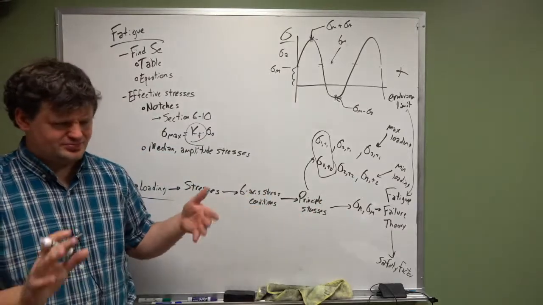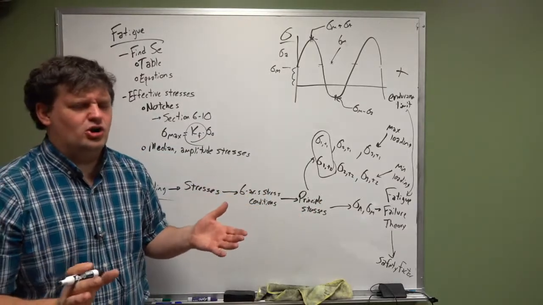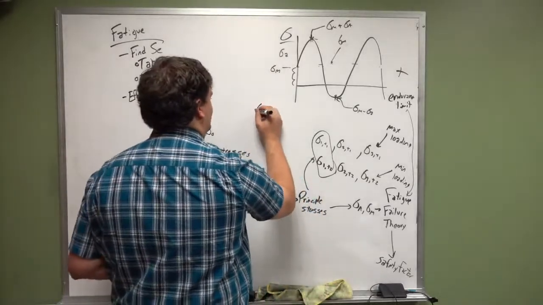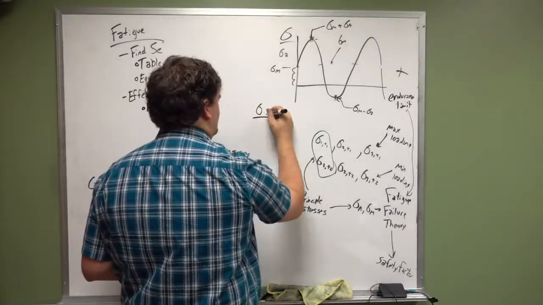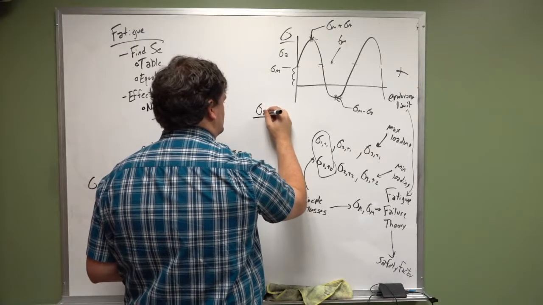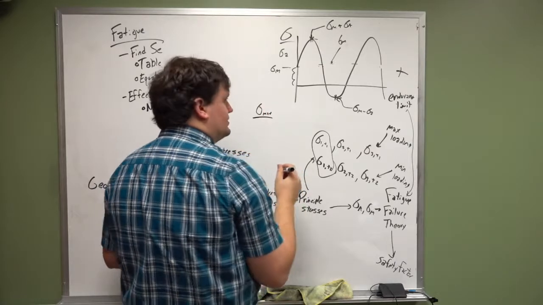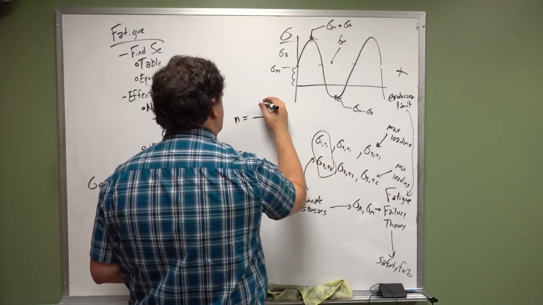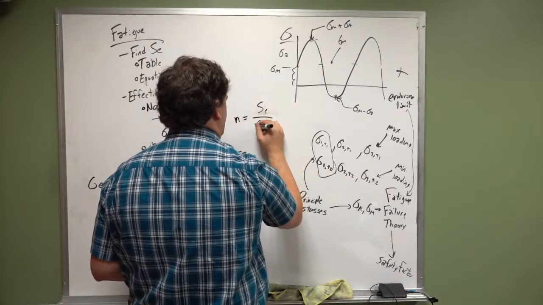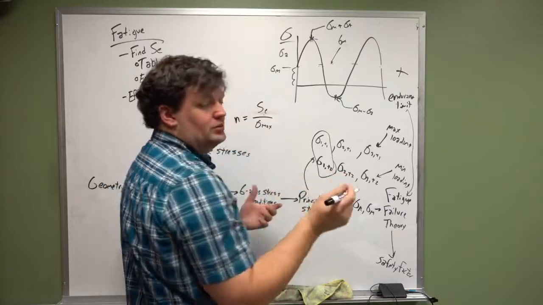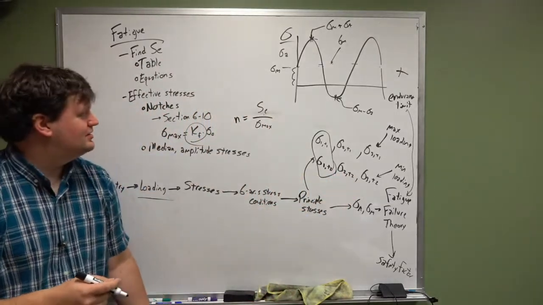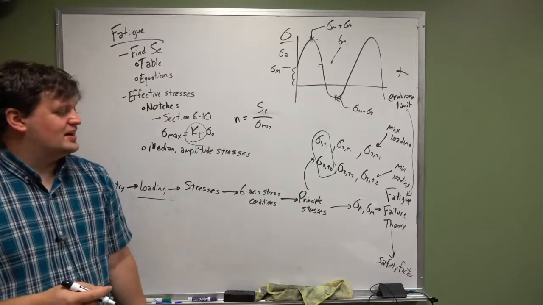So it actually makes all of the fatigue failure theories end up just being sigma max divided by N is equal to SE over sigma max, or sigma 1. You come up with that, and then that's your safety factor.